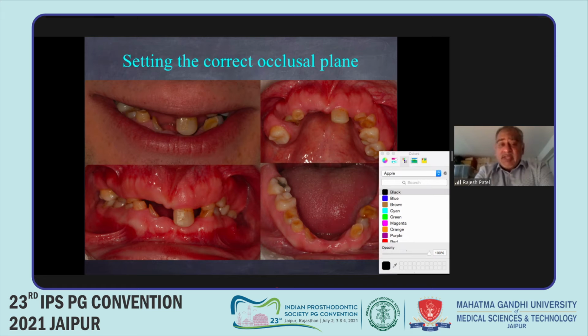So if we set the correct occlusal plane using this, then we can get a good diagnostic wax up to level as much as we can. Obviously, the upper left first molar is probably in the correct plane. So we're just building up the vertical dimension and evening out the occlusal plane.